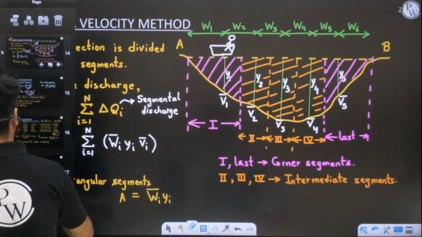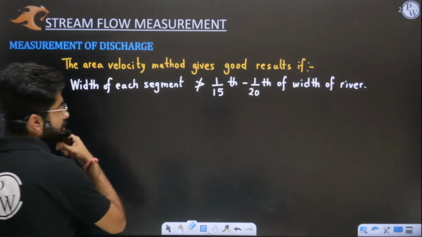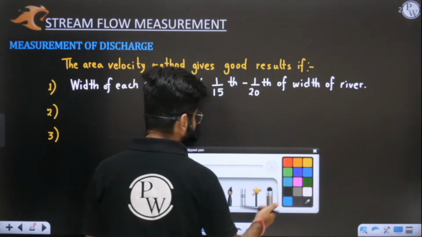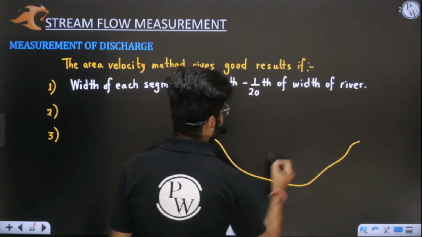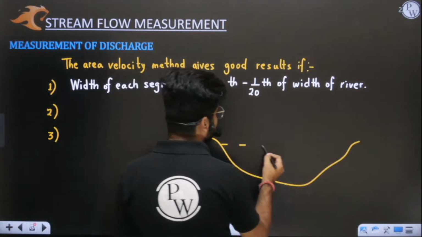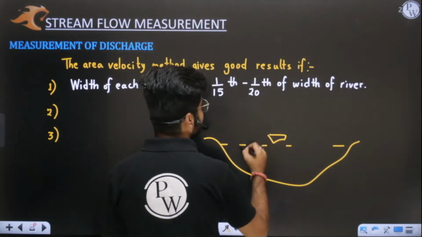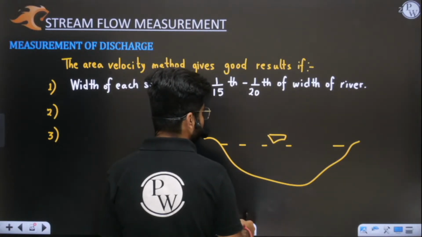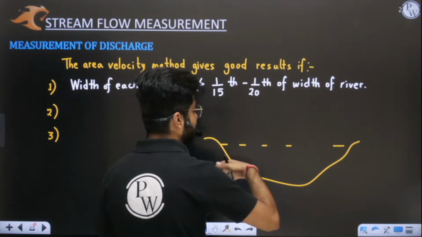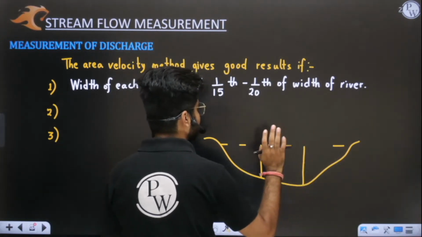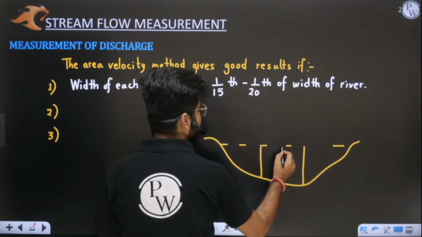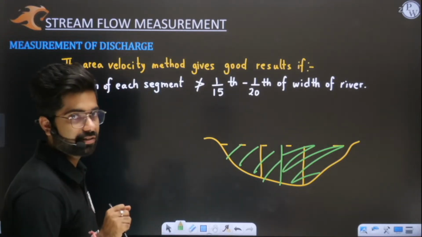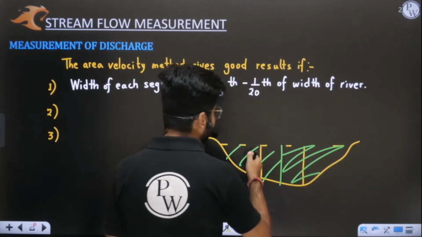So this is the first rule. Why are we not taking more width? Because if lazy people are there, they will go across this river, stop only at the middle, and only give you two segments. Let us say the river is very wide, they will stop here, and done. You will only have two segments. This should not be there. In order to get a proper value, I will do more divisions.